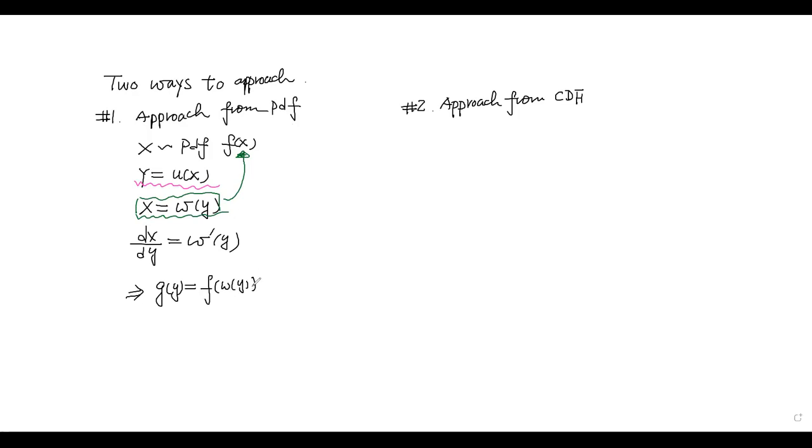And remember in the u sub, you always have the du thing. So in here, we use the absolute value of w prime of y. This is what we call the Jacobian. The reason I need the absolute value is because I know the PDF cannot be negative. So this is how you can approach the problem from the PDF.